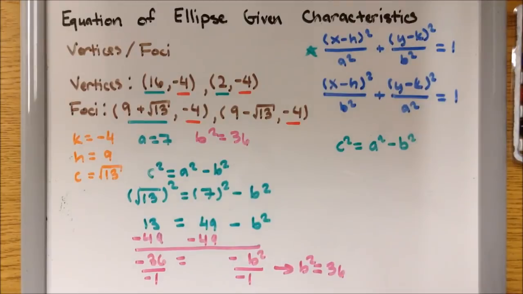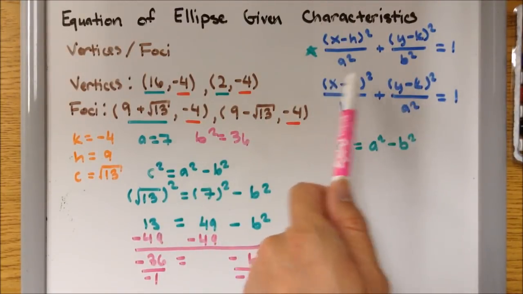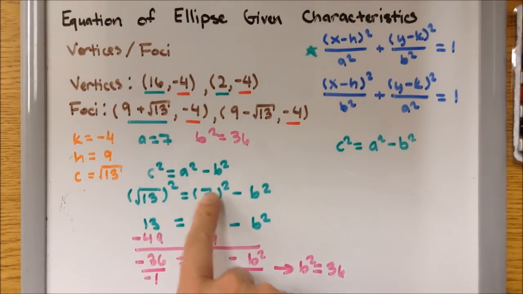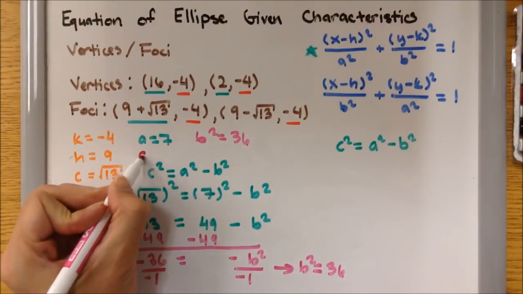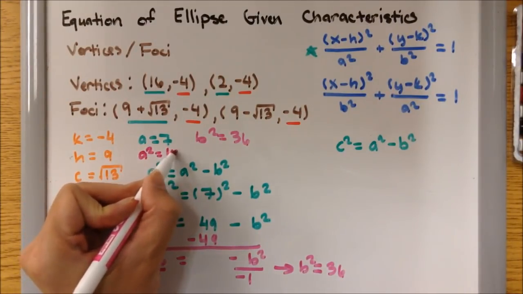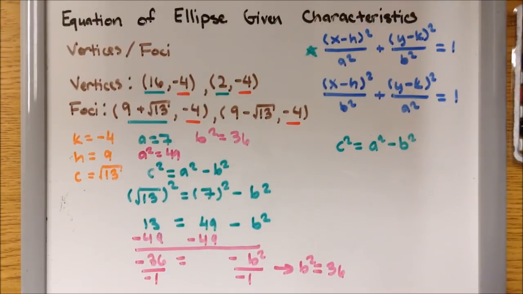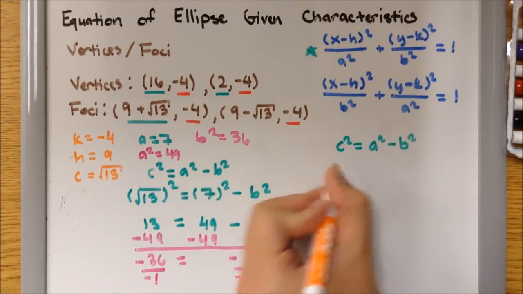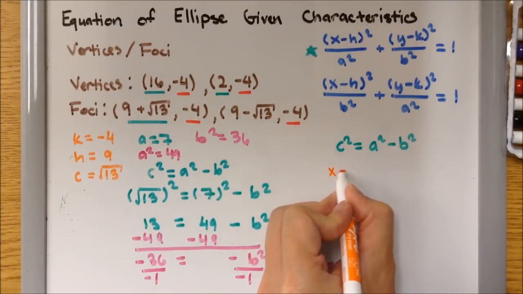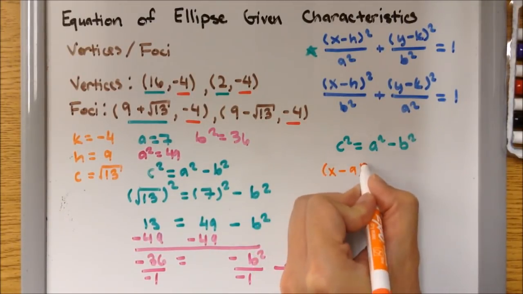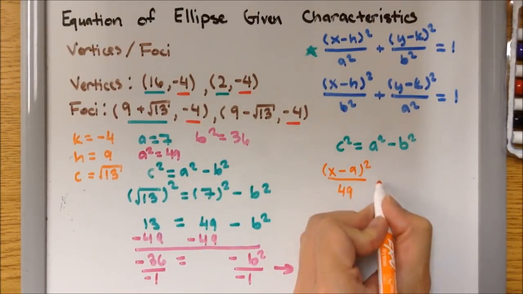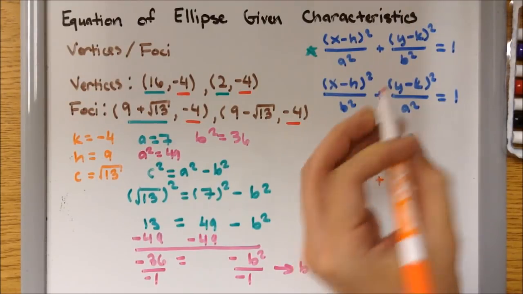Now, for the standard form, all we have to do is plug in the values for h, k, a squared, and b squared. Now, a is 7, but we already found the value of a squared, so we just square it. So a squared is 49. Again, I'm just going to plug in the values with the a squared underneath (x - h). So it's going to be x, my h is 9, so minus 9, squared, over my a squared, which is 49, plus y.